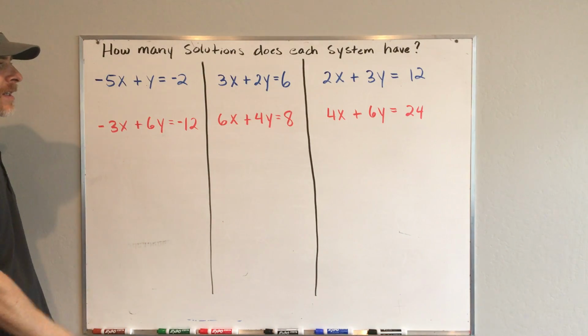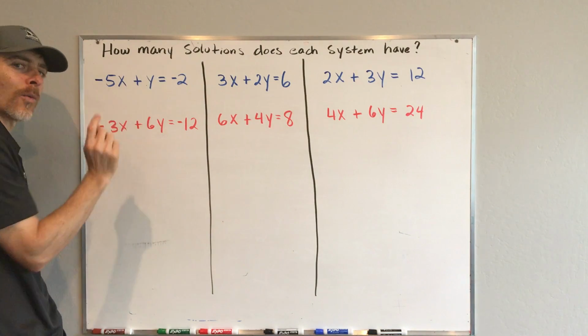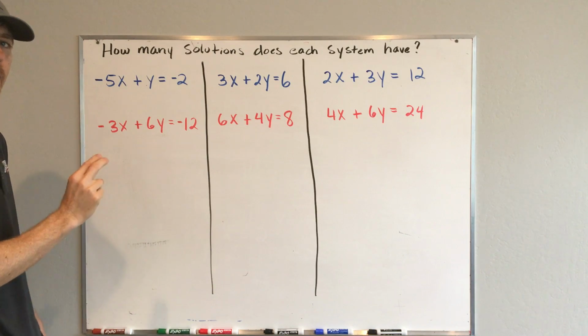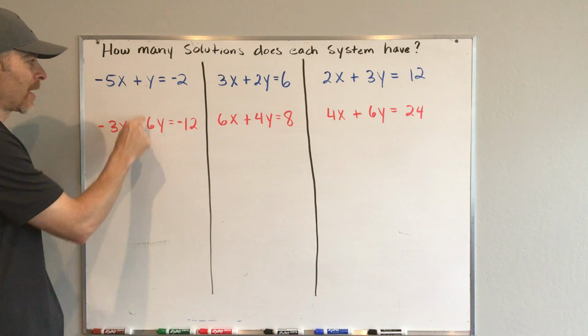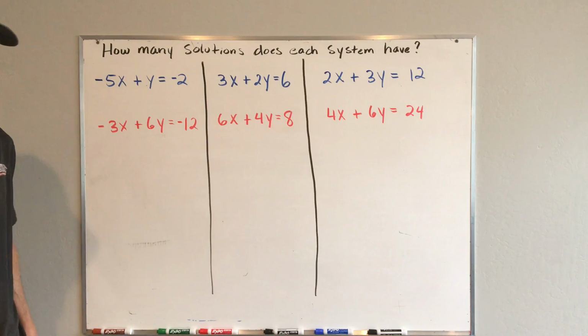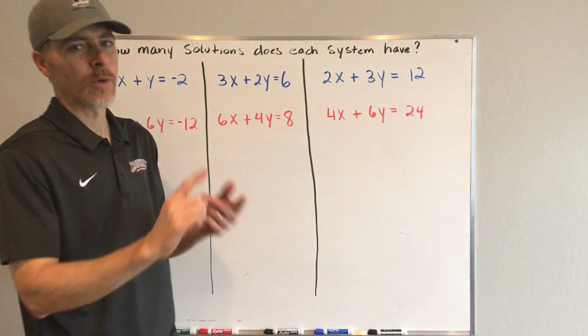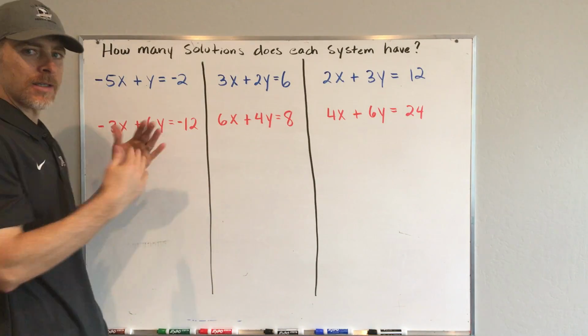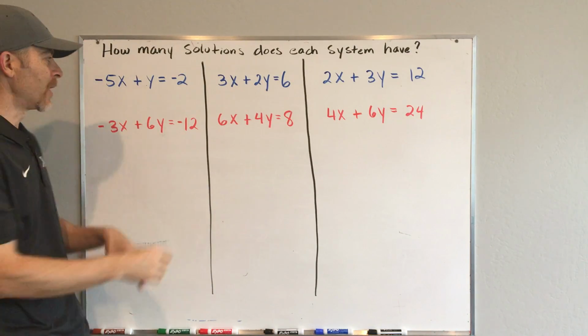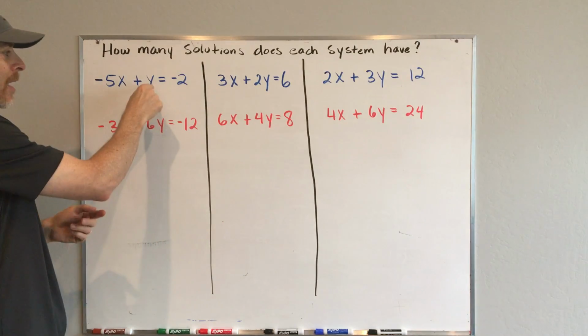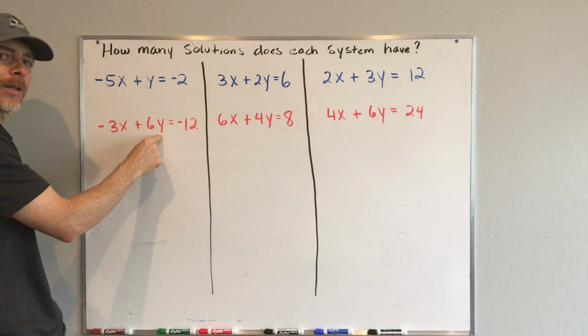So solving a system then is finding the one pair, x, y, that makes both equations true at the same time. And we've been looking at lots of different ways to do that. We can graph the two lines and see where they cross. We can use substitution and put one equation into the other one and then solve.